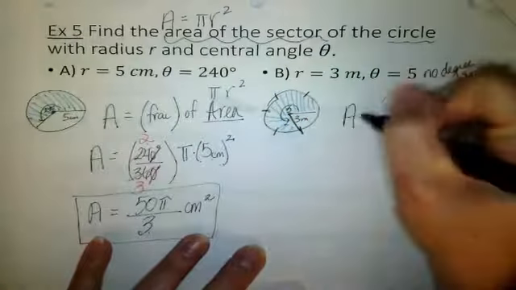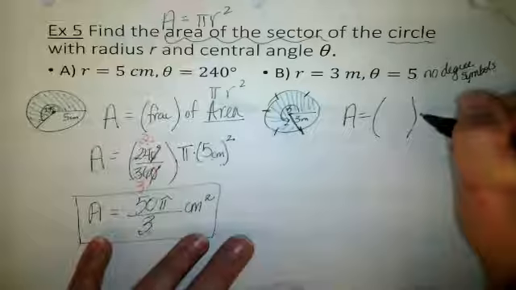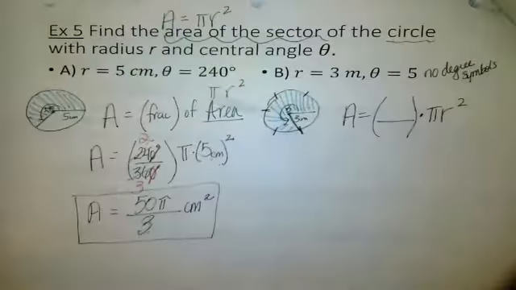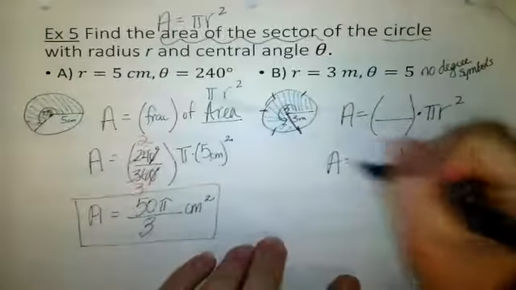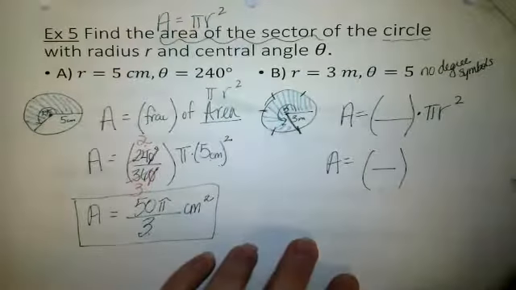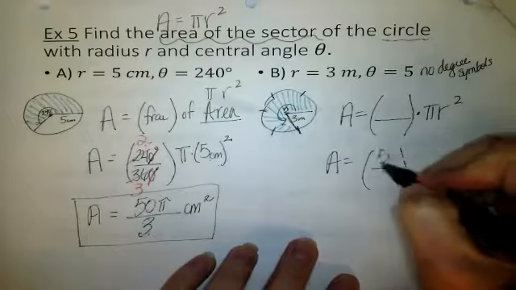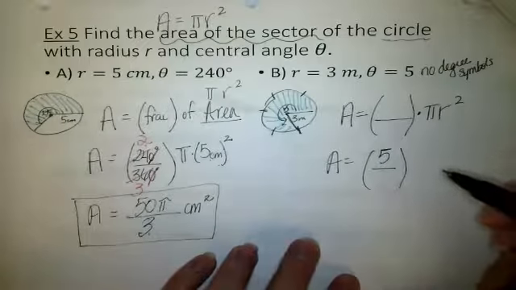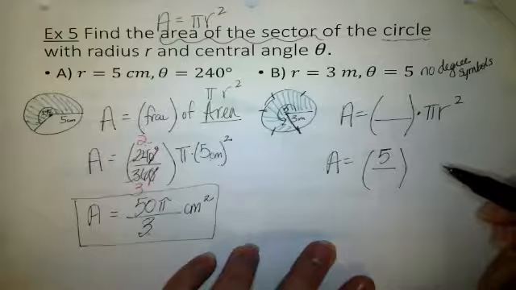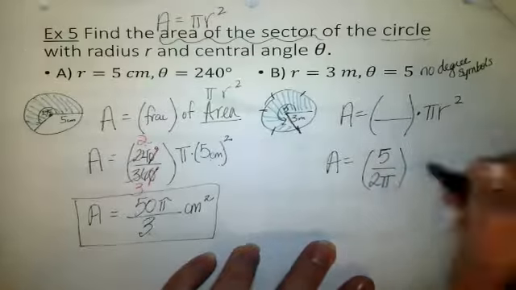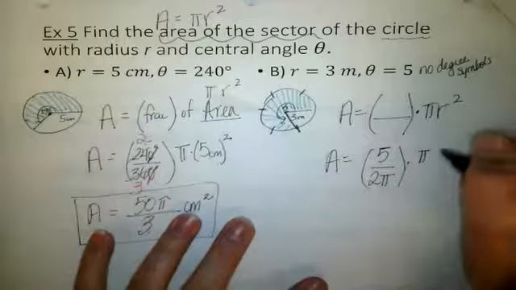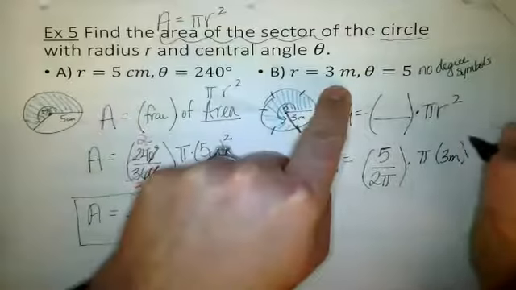So to find that area, we want some fraction times the area. Fraction of area. What is our fraction? 5 radians out of how many radians? 6.286-ish. But what's the exact number? 2 pi. Very good. 5 radians out of 2 pi radians times pi times our radius, 3 meters squared.